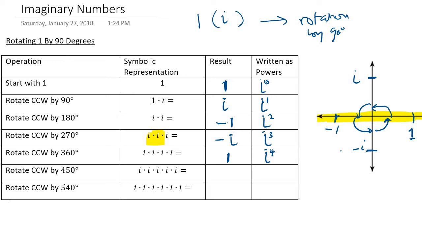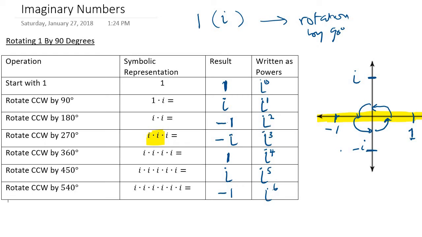We can continue the process by multiplying by another i again. That gets us back to i, which is i to the power of 5, and so on. Multiply one more time by another i and I get back to -1, and that's i to the 6th.